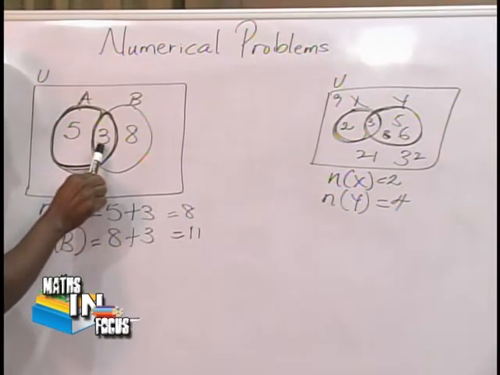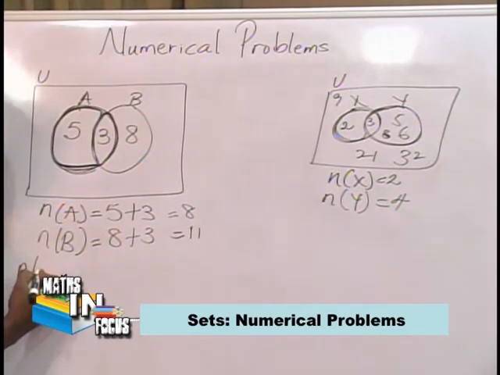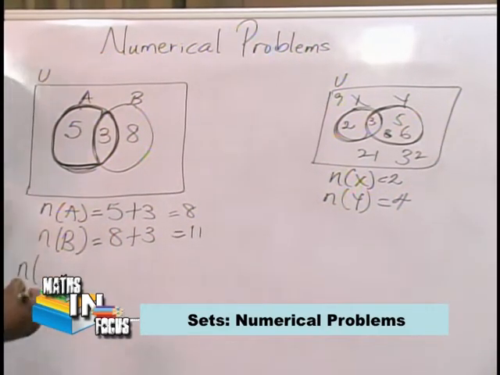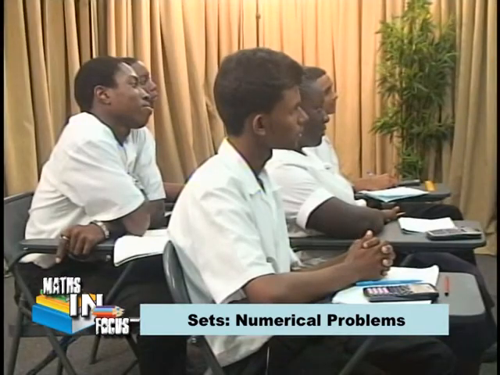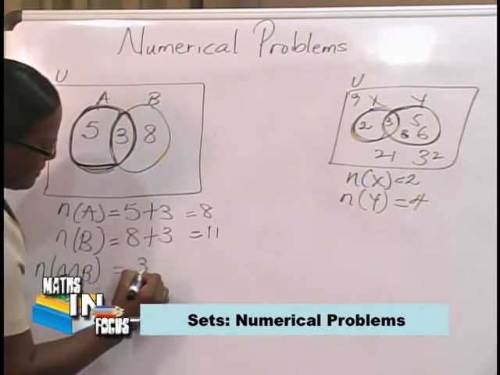And when we look again, we have 1 region, 2 region, 3 region. If we look at this region, that region would be number in both. How do I write the both? A intersect B. And that would be equal to 3.